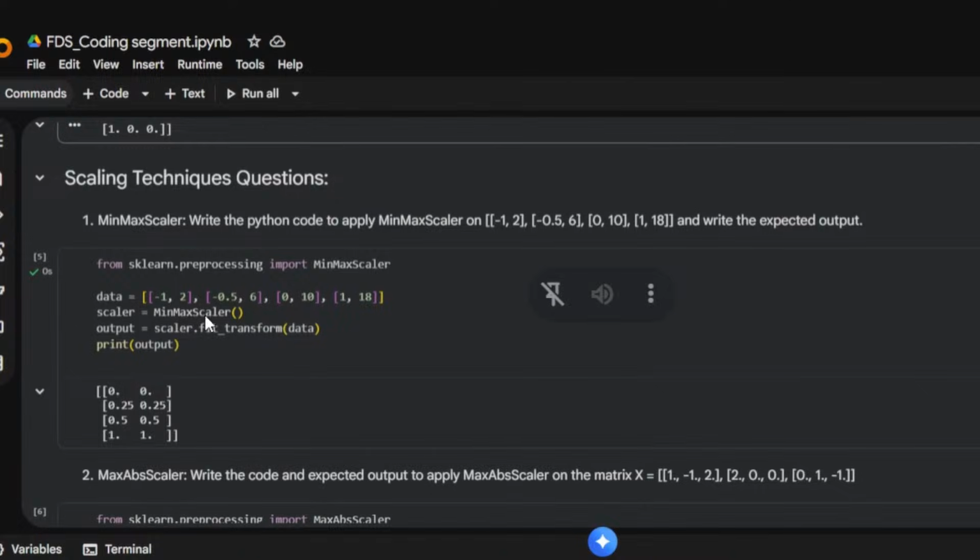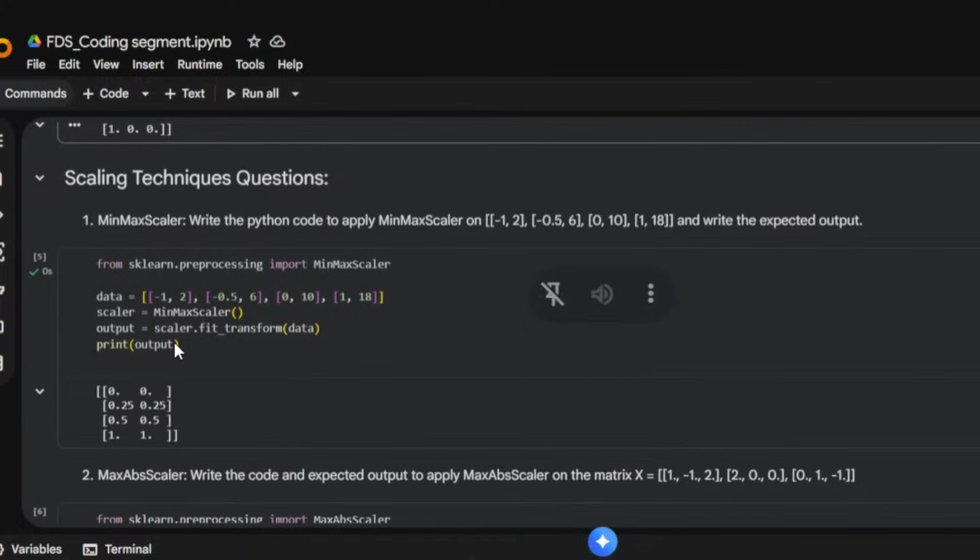Here we are using min-max scaler, so the min-max scaler we imported from the sklearn preprocessing library, right? So we are creating a min-max scaler object and assigning it to a variable named scaler. You can name the variable anything you want. The next line is output equals scaler dot fit transform of data.